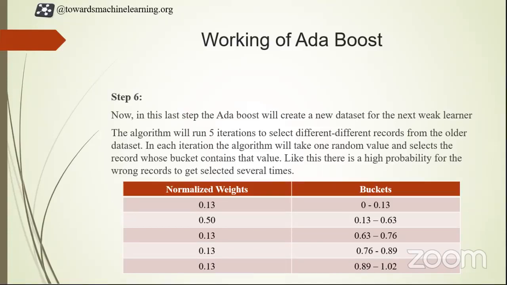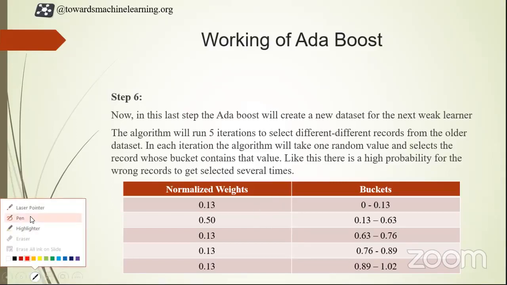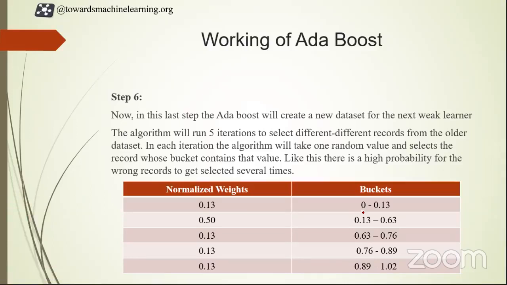In each iteration, the algorithm will take one random value and select the record whose bucket contains that value. Let me explain this with the help of a pen. As you can see, these are our normalized weights and these are our buckets.